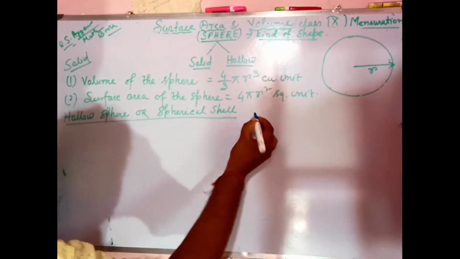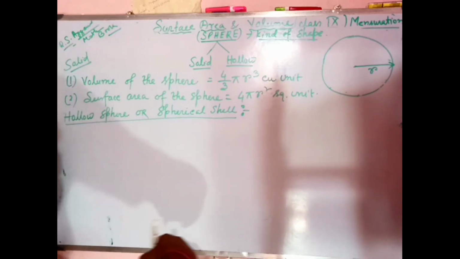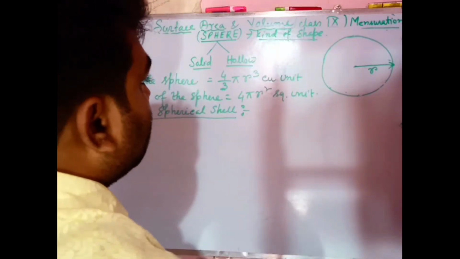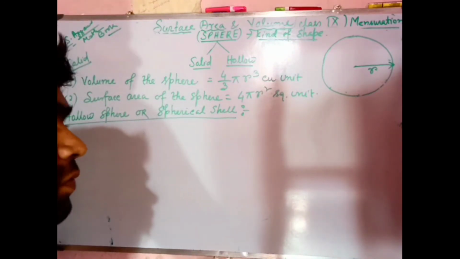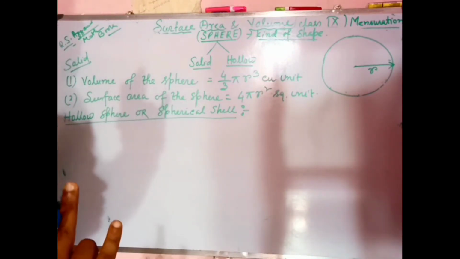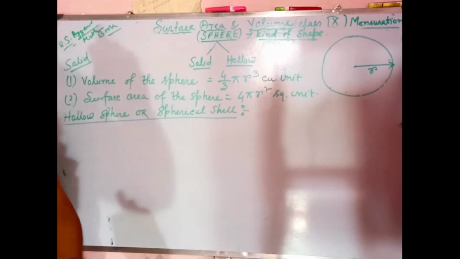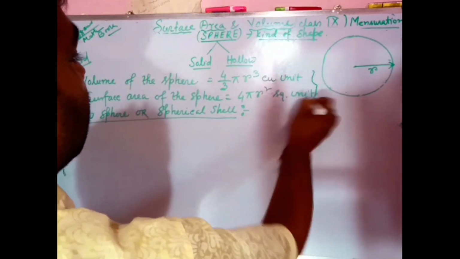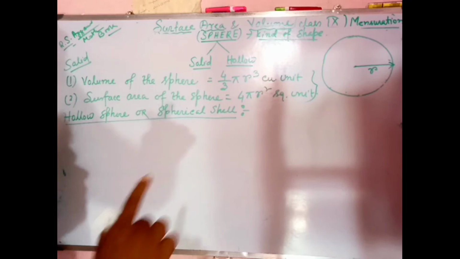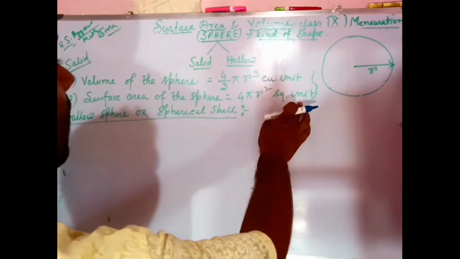First, let us draw the figure. What is a hollow sphere? A football is a hollow sphere, but a shot put ball is a solid sphere. For a shot put ball, this formula can be applied, but for a football or a tennis ball, this formula cannot be applied.